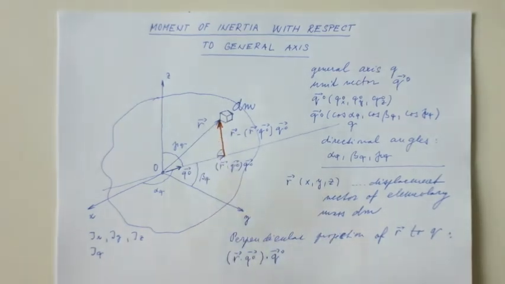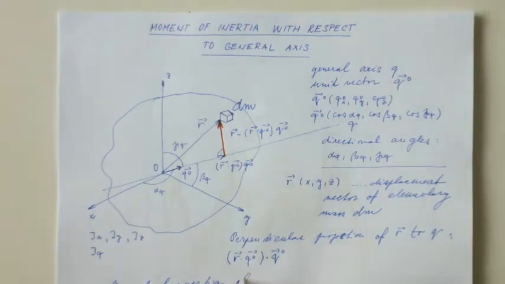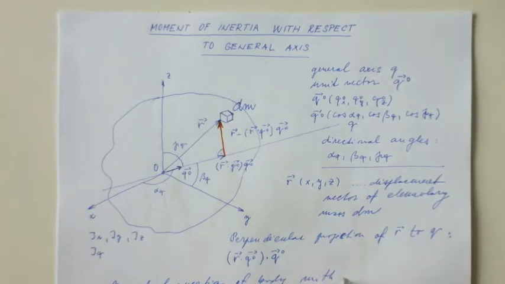And finally we can say that the moment of inertia of a body with respect to the q-axis is given by the general definition.